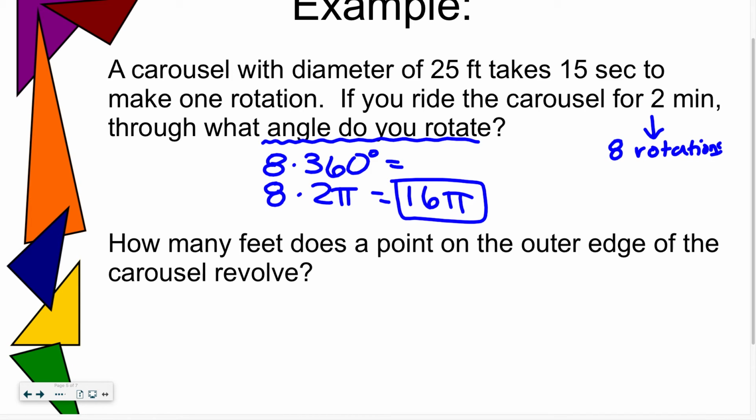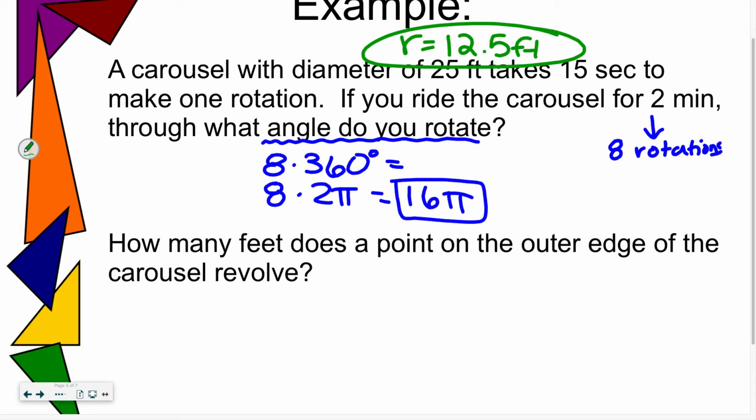Well, now I'm starting to be interested in the size of my carousel, right? The diameter is 25 feet, so what is important to me from that? The radius is 12.5. So I've got a radius, 12.5.